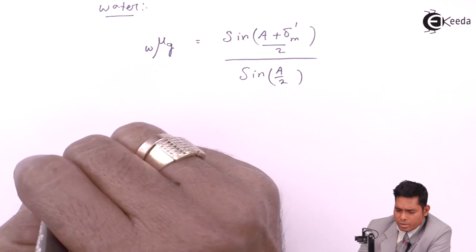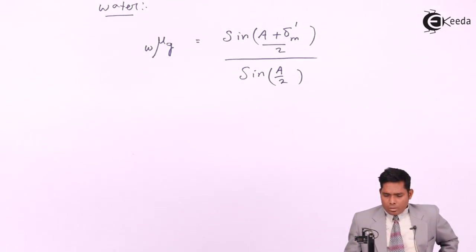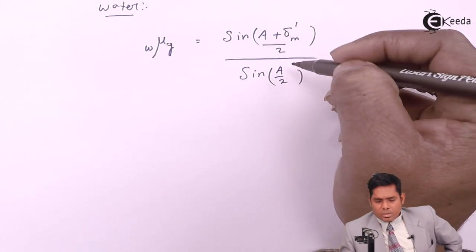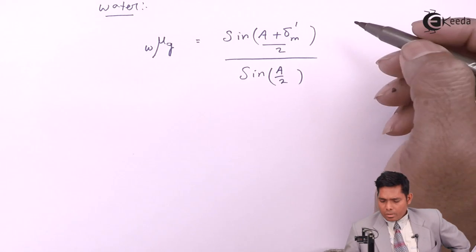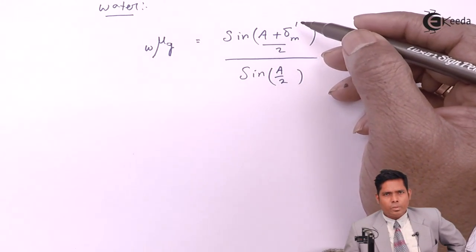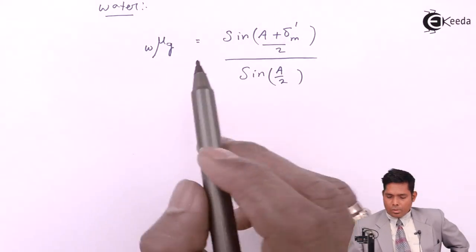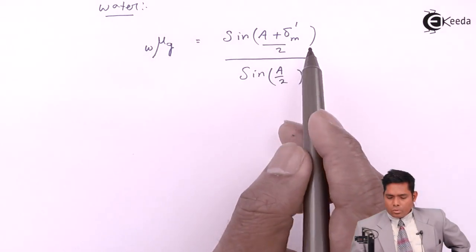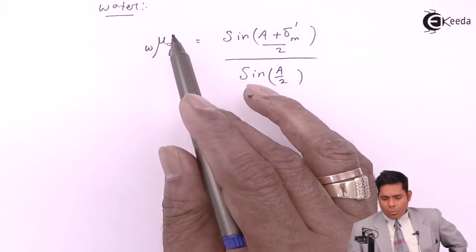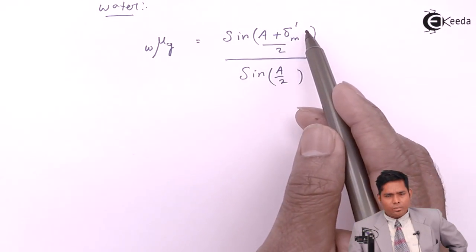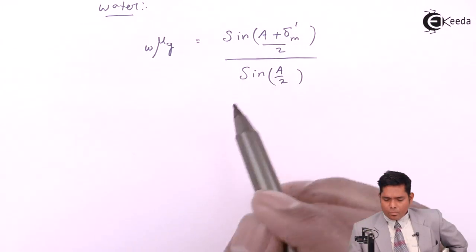We must note one thing, that the angle of the prism will not change. The deviation angle will only change.